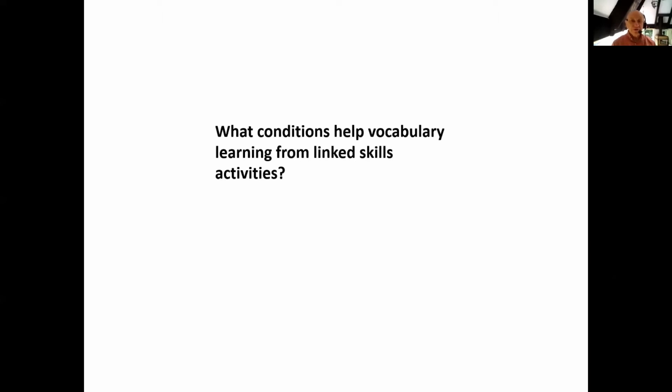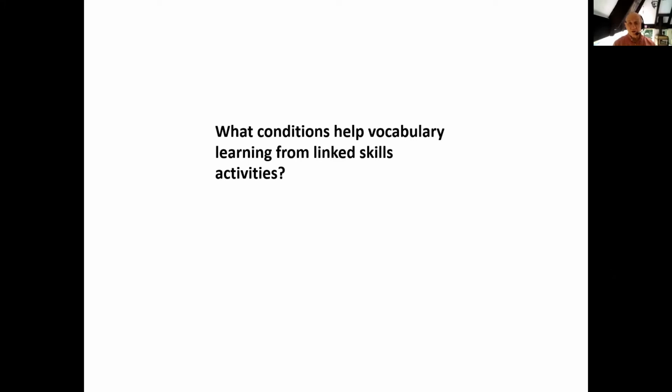So now we're going to look at the conditions that help vocabulary learning from linked skills activities. And this has been one of my major focuses of interest in vocabulary for many years. The idea is that vocabulary learning doesn't occur through magic or anything like that.